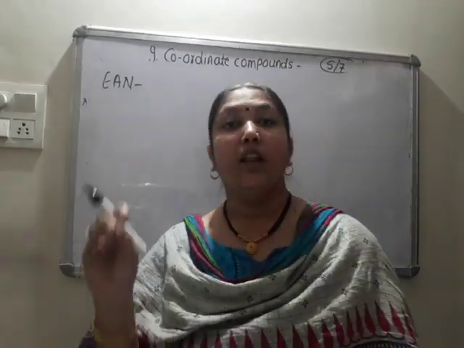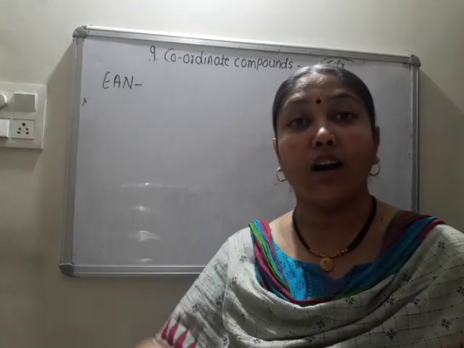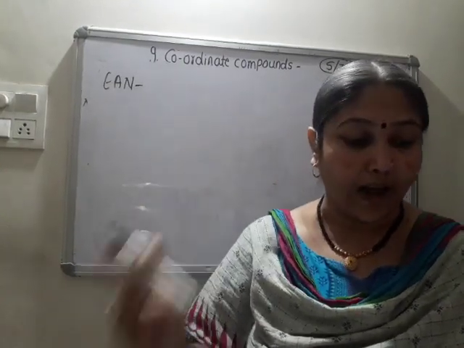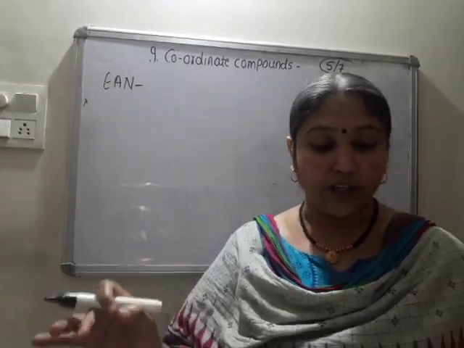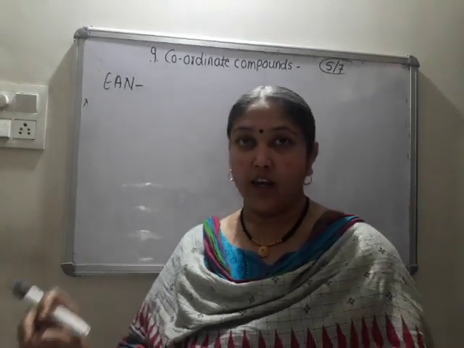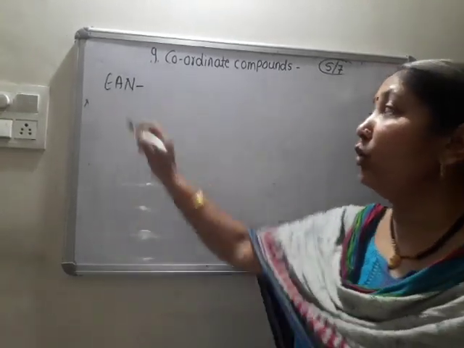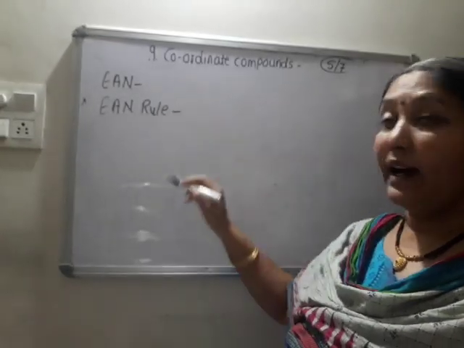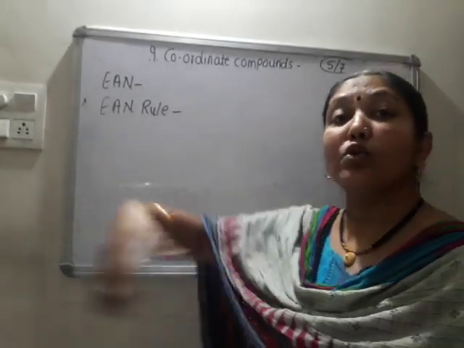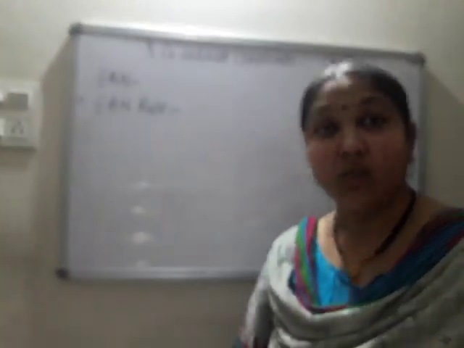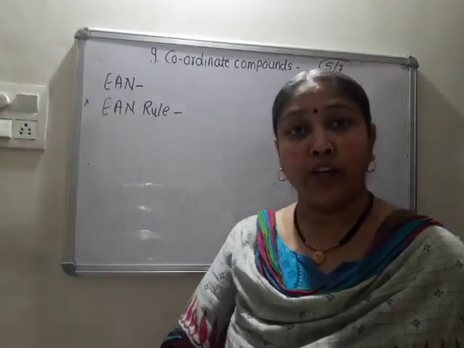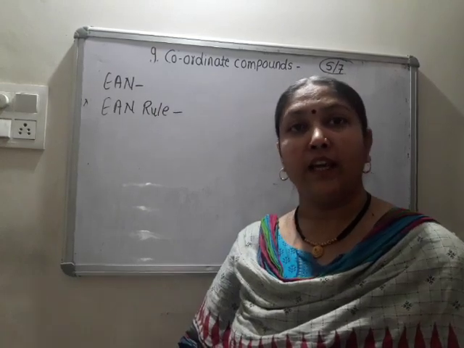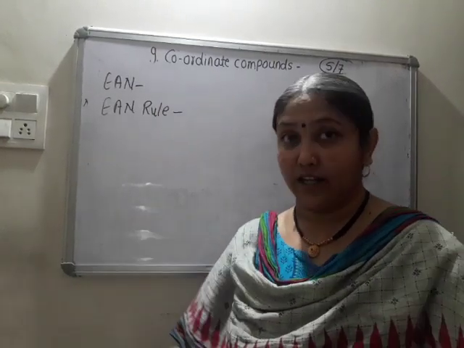What is the EAN rule? The rule is that the central metal goes on accepting electrons till its configuration becomes like the next inert gas.